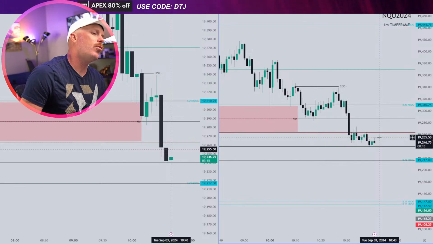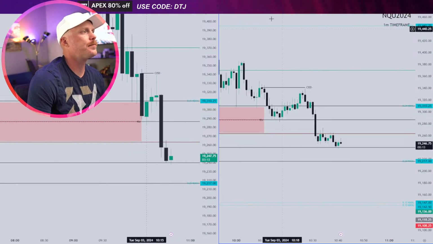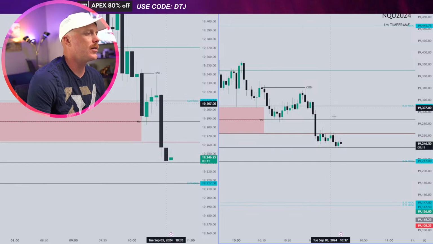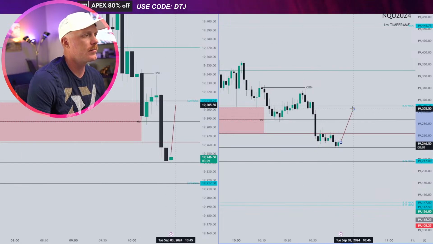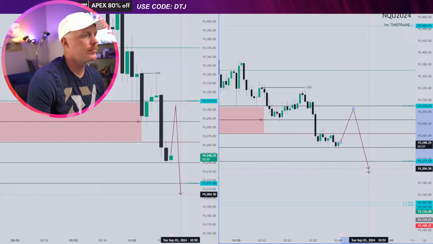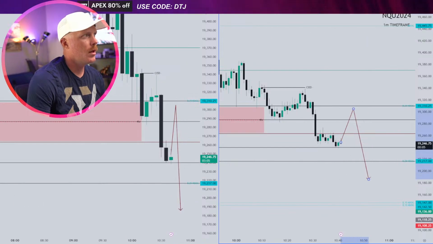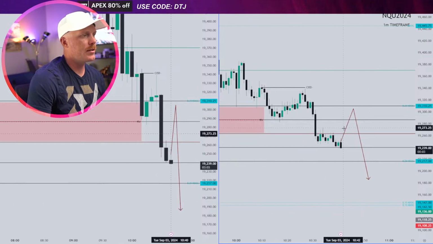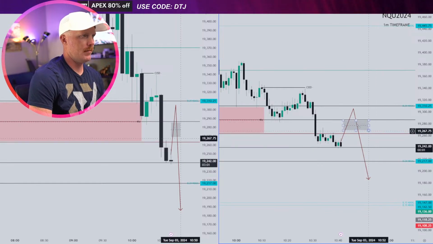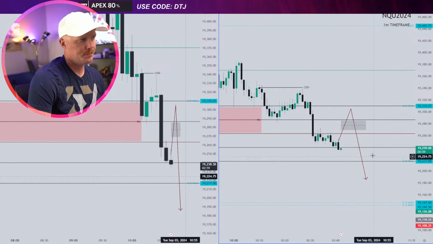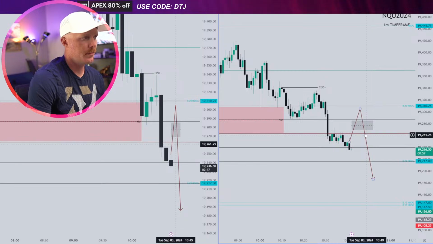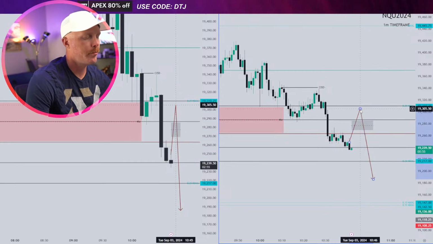I guess, if it does give me something like this, I would take a small trade to the downside. And it gave us a fair value gap in here that it violated. I would do that. But I'm not sure it's going to give us that.